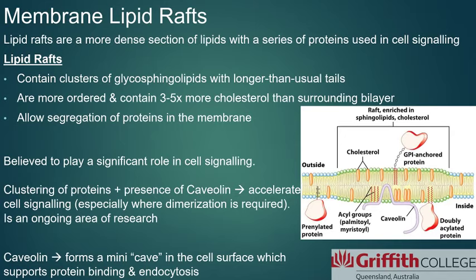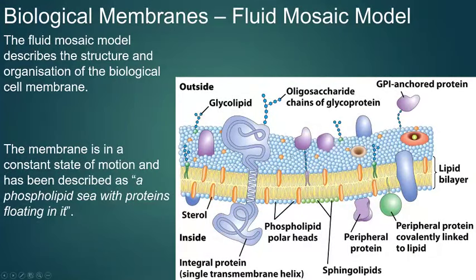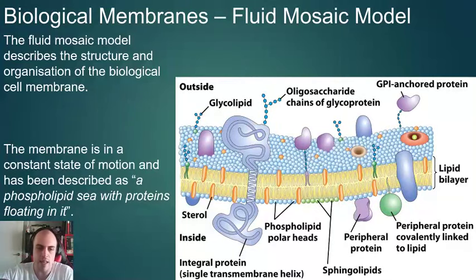So, lipid rafts. These things are pretty cool. Thinking back to this slide, when I was explaining the fluid mosaic model, I said it's like an ocean. If you're a boat in the ocean and you've got the waves moving up and down, you're going to move up and down along those waves as well.